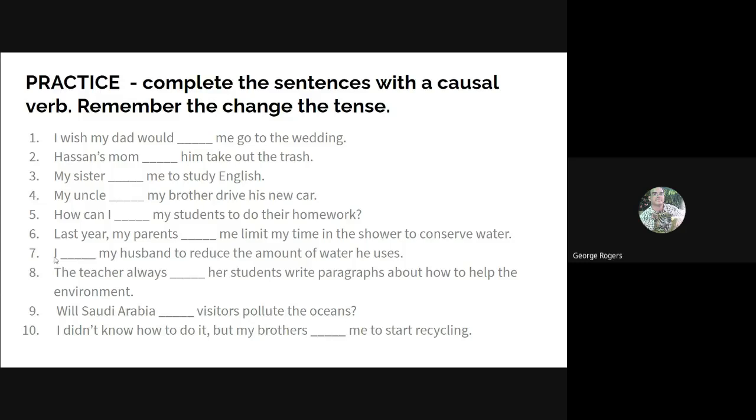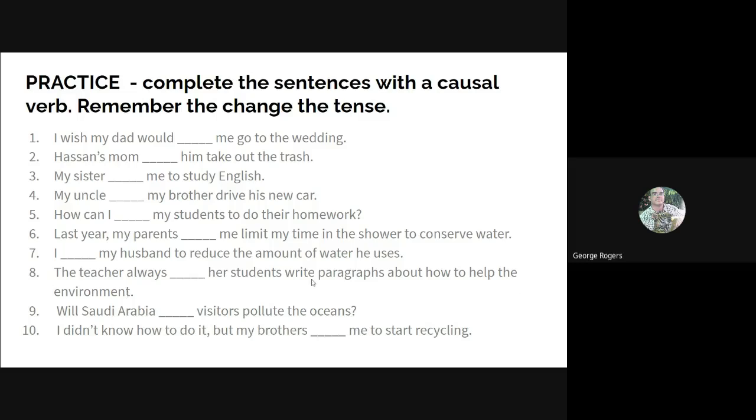Okay. Number seven, I blank my husband to reduce the amount of water he uses. So notice reduce is the base, we have a to in front of that. Okay. Number eight, the teacher always blanks her students, write paragraphs about how to help the environment.